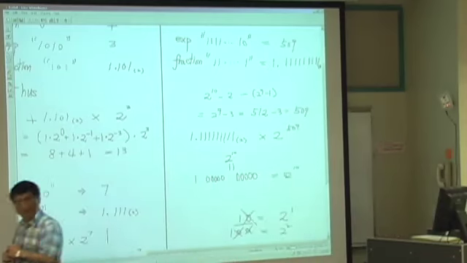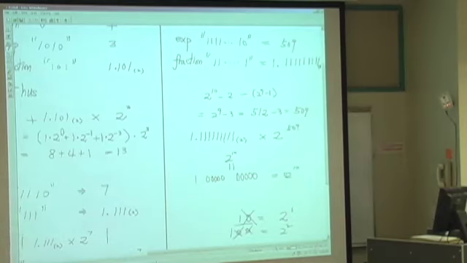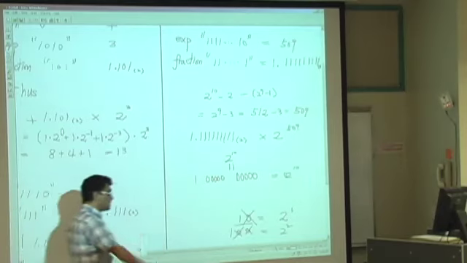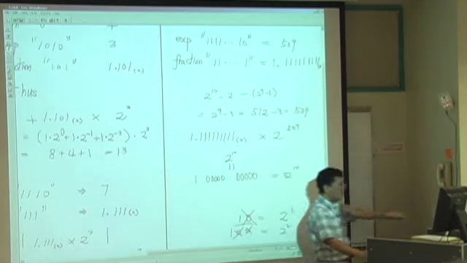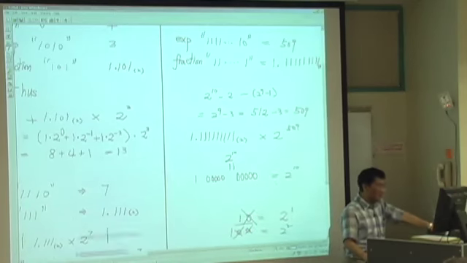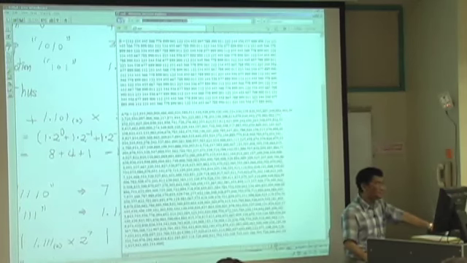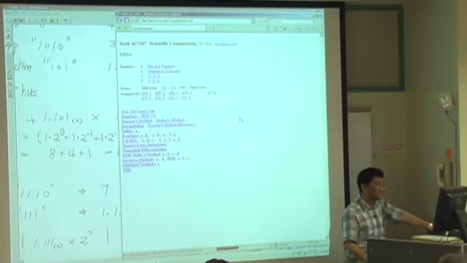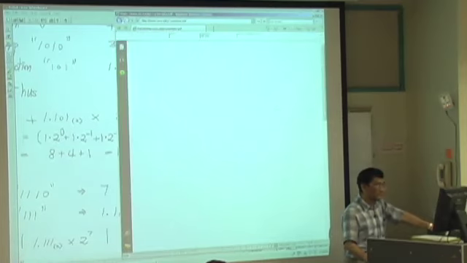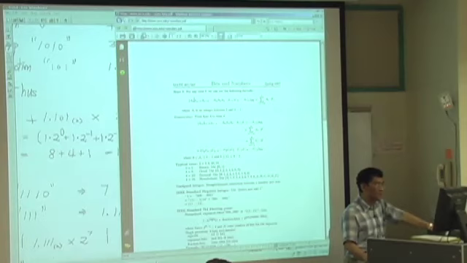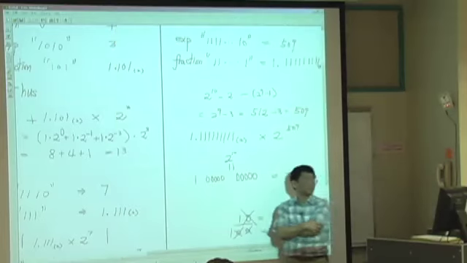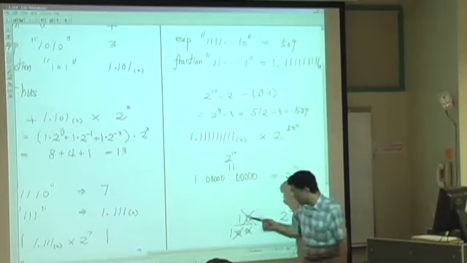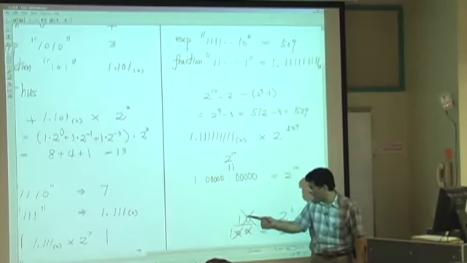If you don't follow, ask me. That's the reason why the first item that I covered on the web was this number conversion, right? This number representation. When you have 1 0, then it is power 1.